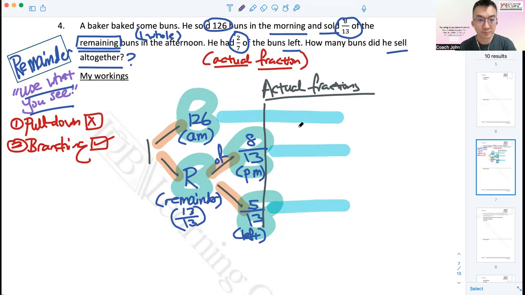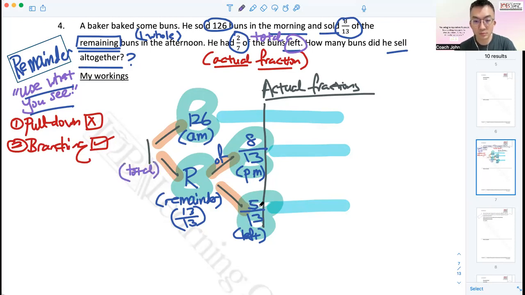Okay, so let's read on. And it says, oh, there's an "of" here as well. And it's 2/6 of the buns. And this is the total. Okay, the total meaning over here.